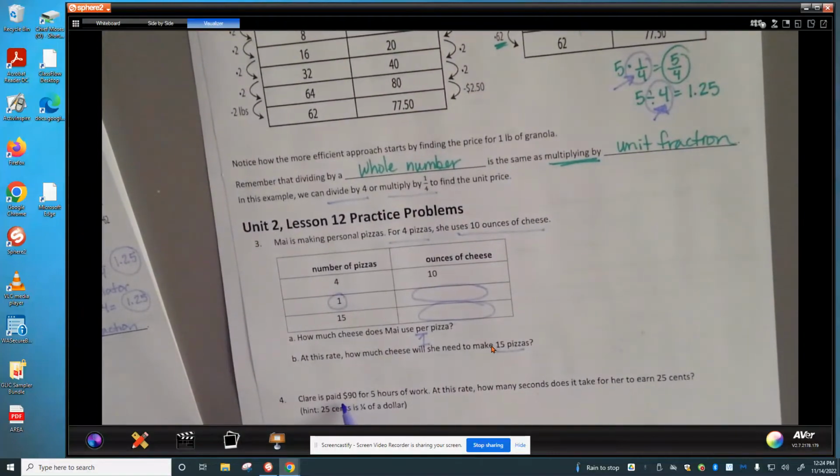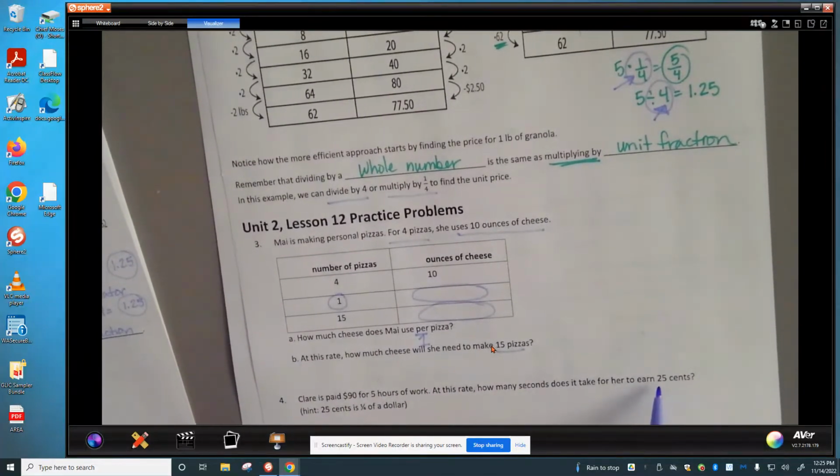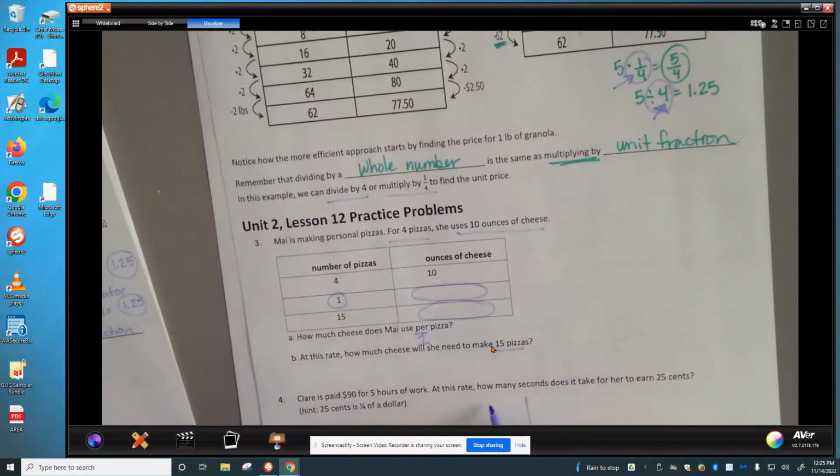Claire is paid $90 for 5 hours of work. At this rate, how many seconds does it take her to earn 25 cents? So lots of math here. I'm going to start with my table.